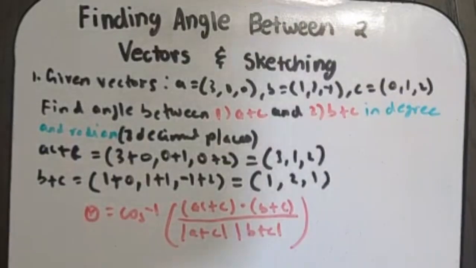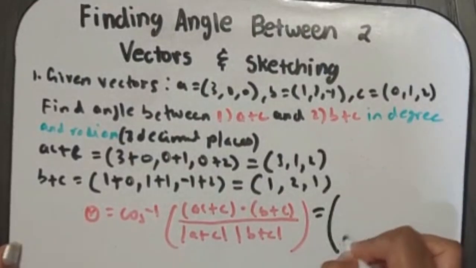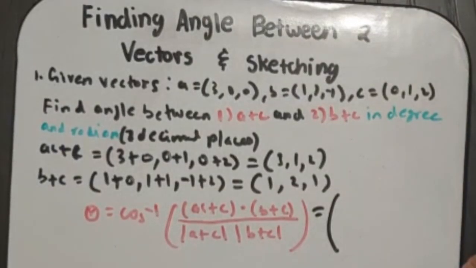Now we need to find the dot product and the magnitudes. For the dot product of a plus c with b plus c, you basically multiply each of the corresponding components of the vectors and you add them. So you should get a scalar value as your final result.